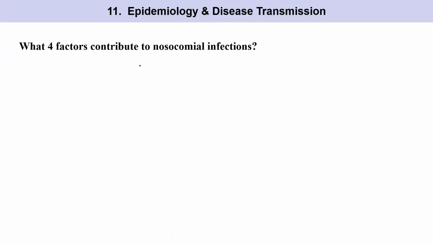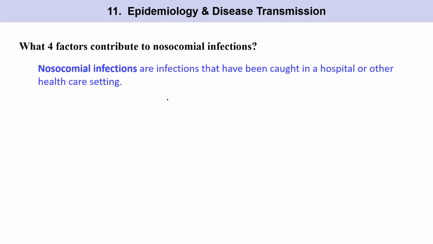So here's the first one, just a nice, easy one to get into. Topic 11 was on disease transmission, epidemiology, and nosocomial infections. A nosocomial infection basically means a hospital or healthcare acquired infection.